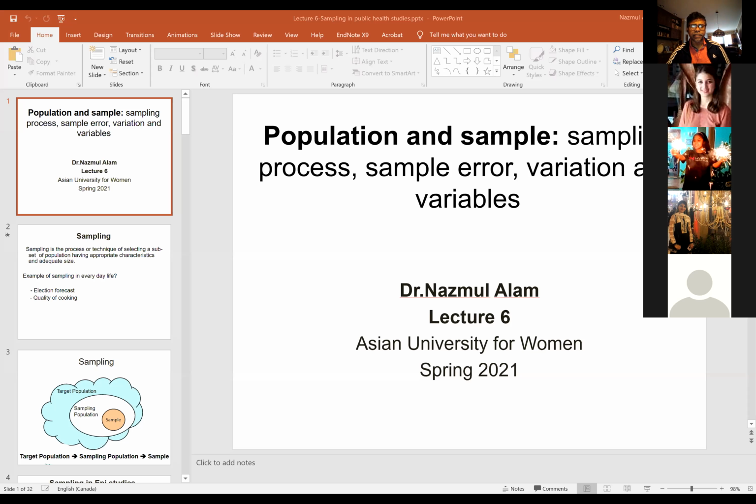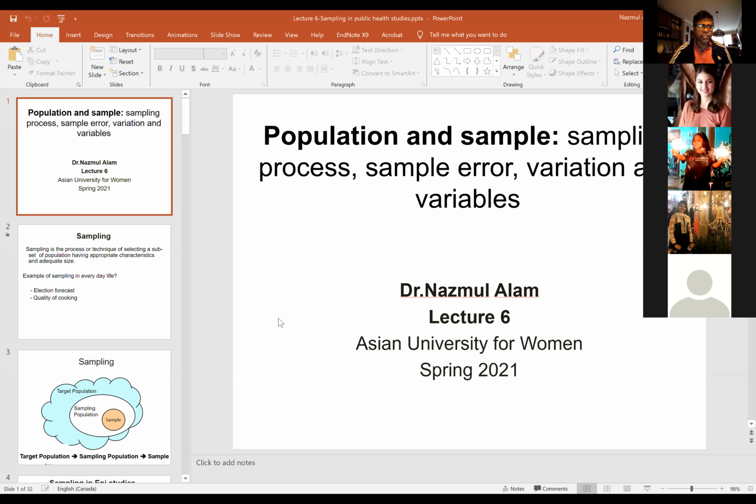This Friday you are just proposing a topic, location, and the population, and another point maybe the design of the study. Are you going to do a cross-sectional study or what kind, right? That's it. Sample size will come later, when you write the research method, which is I think the third phase of your work.